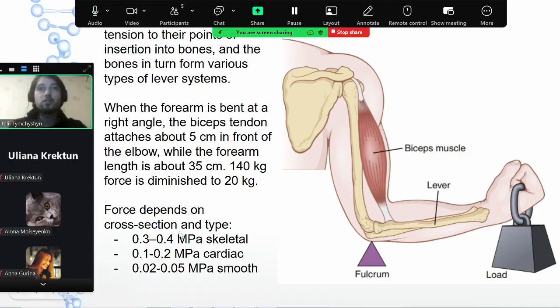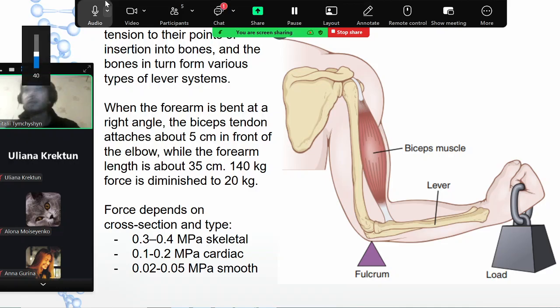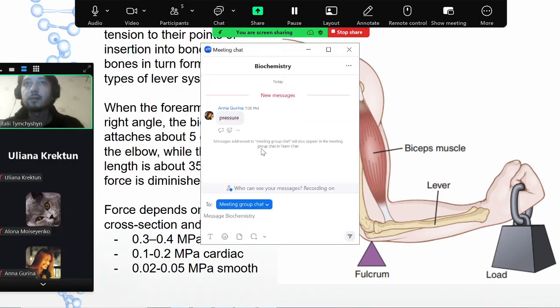And here is the first tricky question for you. Why do I measure these numbers in megapascals? What do we mean by that? So what's measured in pascals? Pressure.